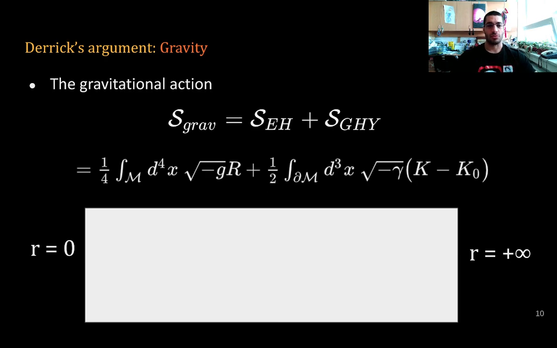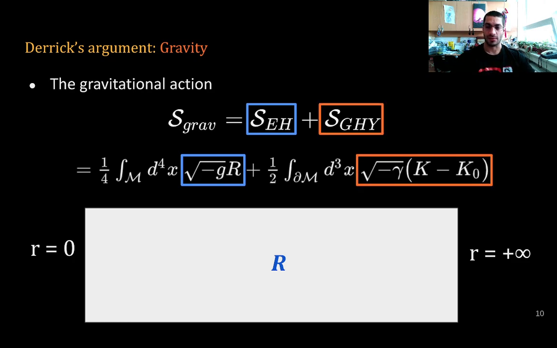However, when we include gravity, the gravitational contribution of the action must include an additional term. It should be computed by the usual Einstein-Hilbert action, which is just the Ricci scalar, plus a boundary term, which is the Gibbons-Hawking-York term, which comes from the fact that the system has two boundaries and has a total derivative.